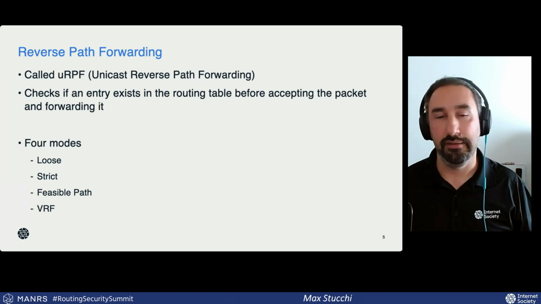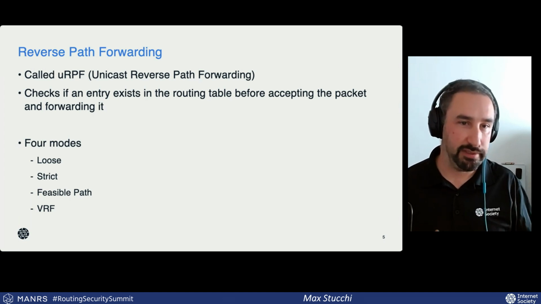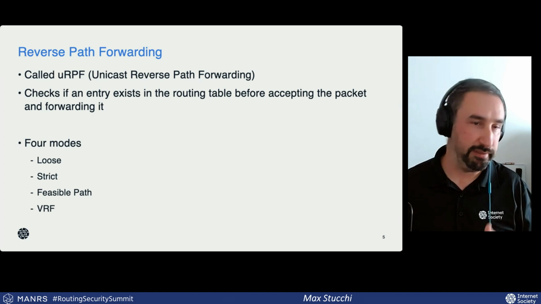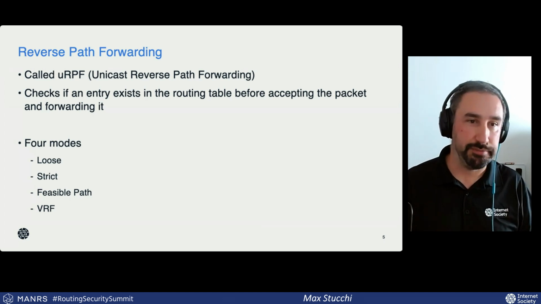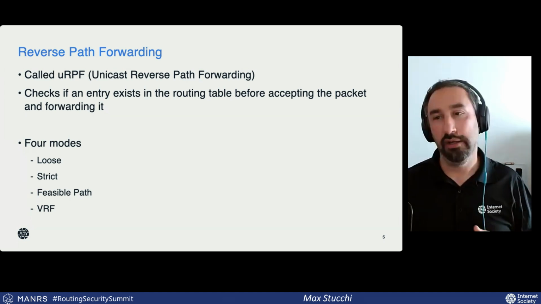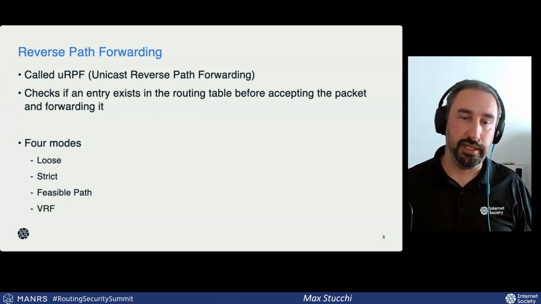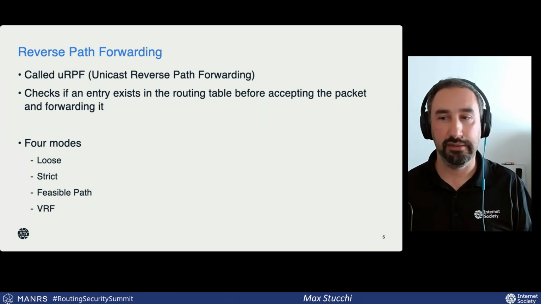So there is a way to avoid this, and one way is using RPF. There is reverse path forwarding, and there's a mechanism called unicast reverse path forwarding. So the concept is, let's check if an entry exists in the routing table before accepting the packet and forwarding it.